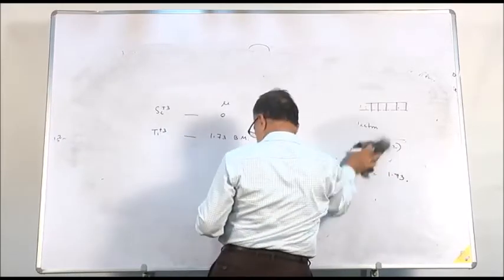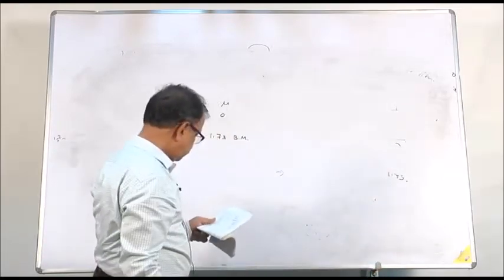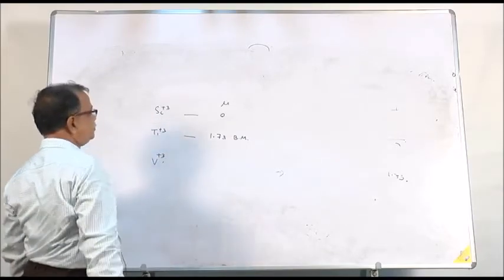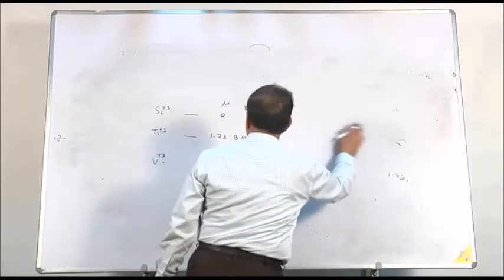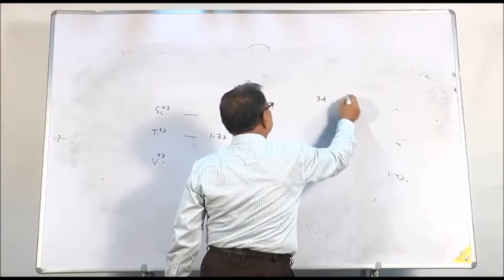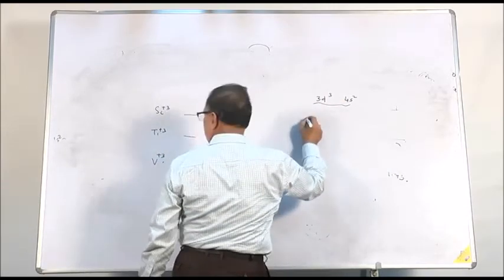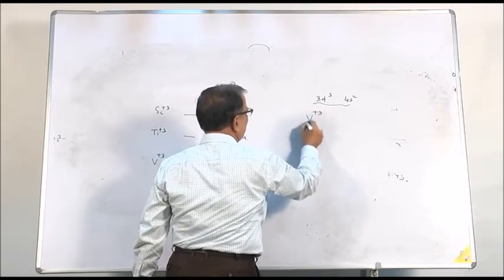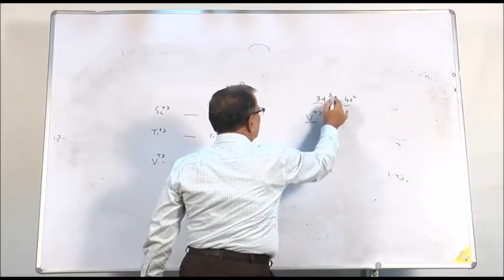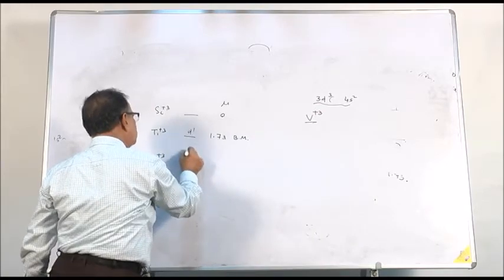Similarly, take vanadium 3+. What will be the magnetic moment of vanadium 3+? Vanadium outer configuration is 3d3 4s2. For vanadium 3+, the configuration will be 3d2.